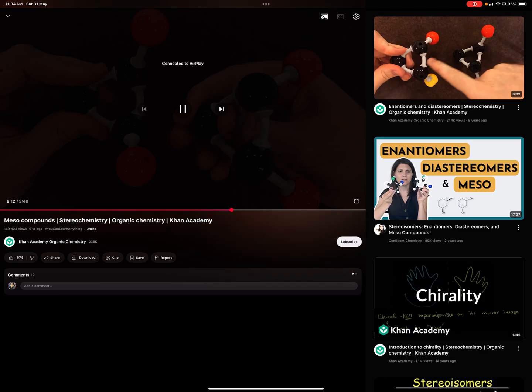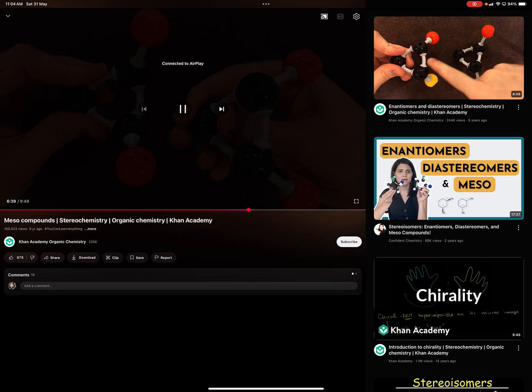And when I do that, we can see that these are mirror images of each other. If I try to superimpose one on the other, so I'll just rotate this one back here and flip it over, you can see they don't match up. So the atoms don't line up here. So they're non-superimposable. Doesn't matter how you do it, I'll rotate it again, and we can see we can't superimpose our atoms.